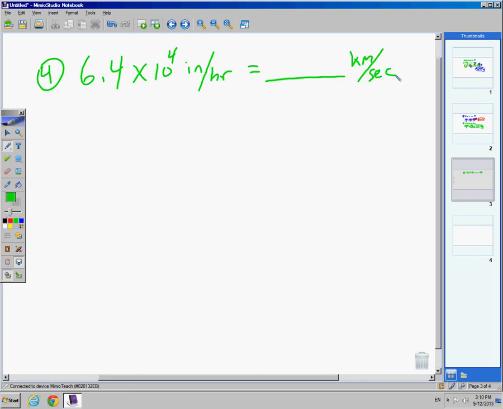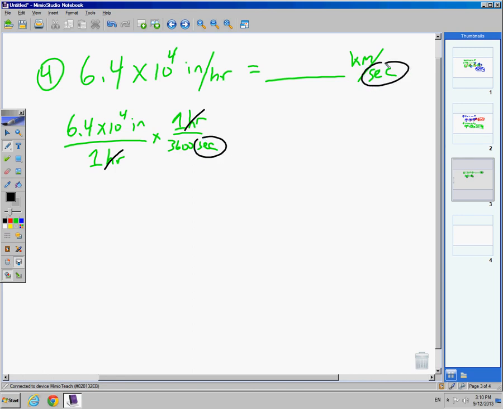So I'm going to rewrite this again: 6.4 times 10 to the 4 inches over 1 hour. Immediately I'm going to attack the bottom number. I know that in 1 hour there are 3,600 seconds. Hours cross off. I'm in seconds, just like my unit here.